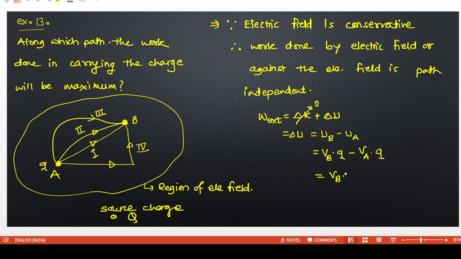So it is simply what? Potential difference into charge. So what matters is the potential difference and not the path. You simply have to write final point potential minus initial point potential, that is potential difference into charge. So path will not matter. That is mathematically proven here.